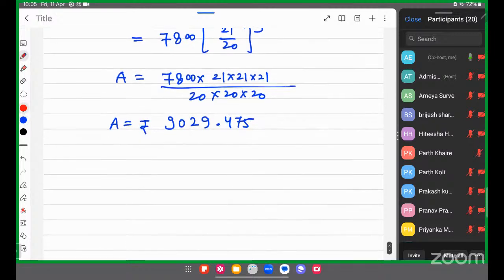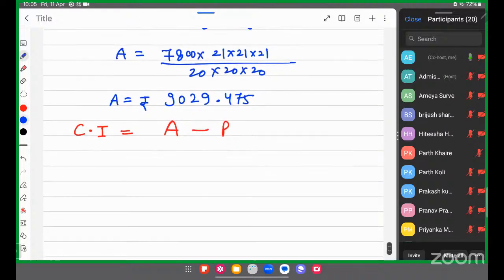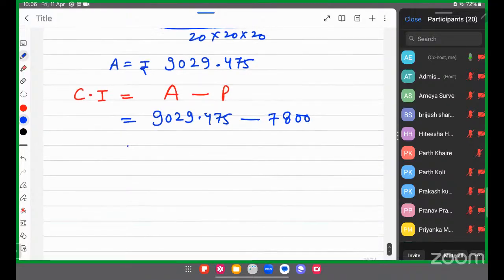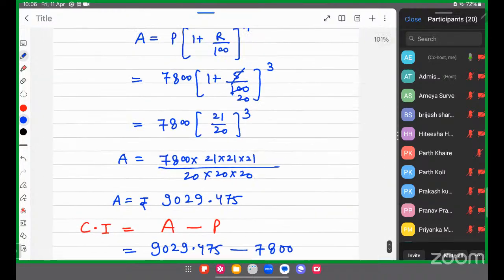Now we are interested in compound interest. So compound interest will be overall amount minus principal amount. So overall amount is 9029.475 minus principal amount 7800. So this will be 1229.475. Understood? Are you getting it?